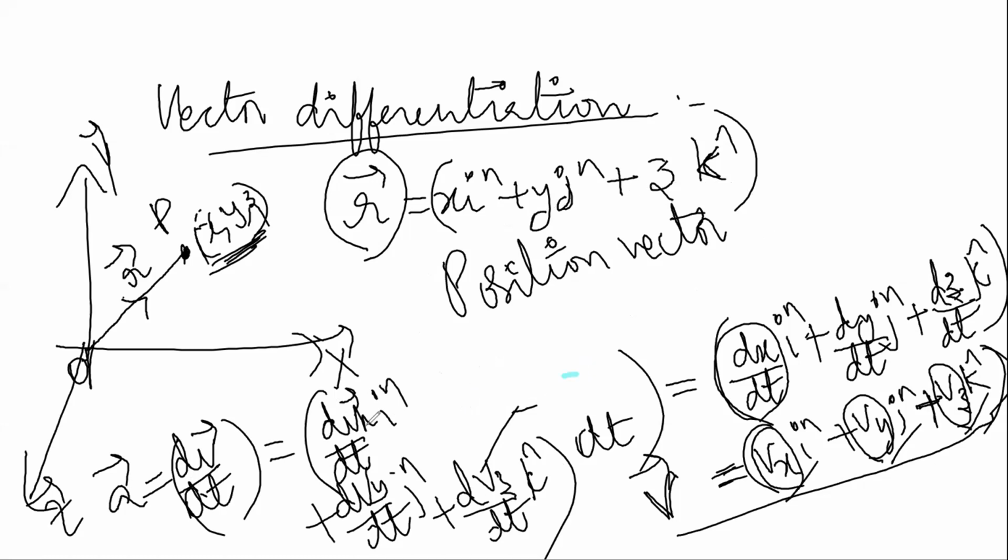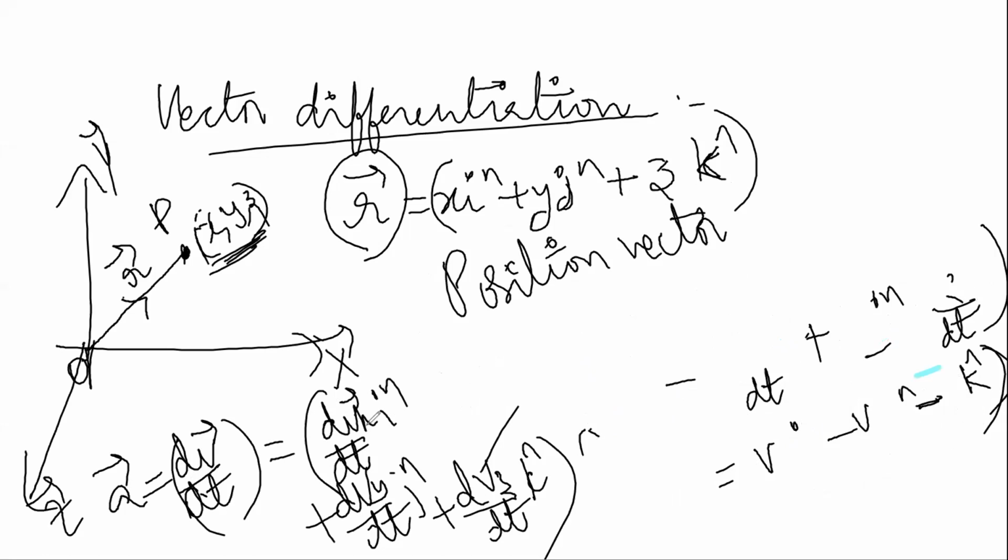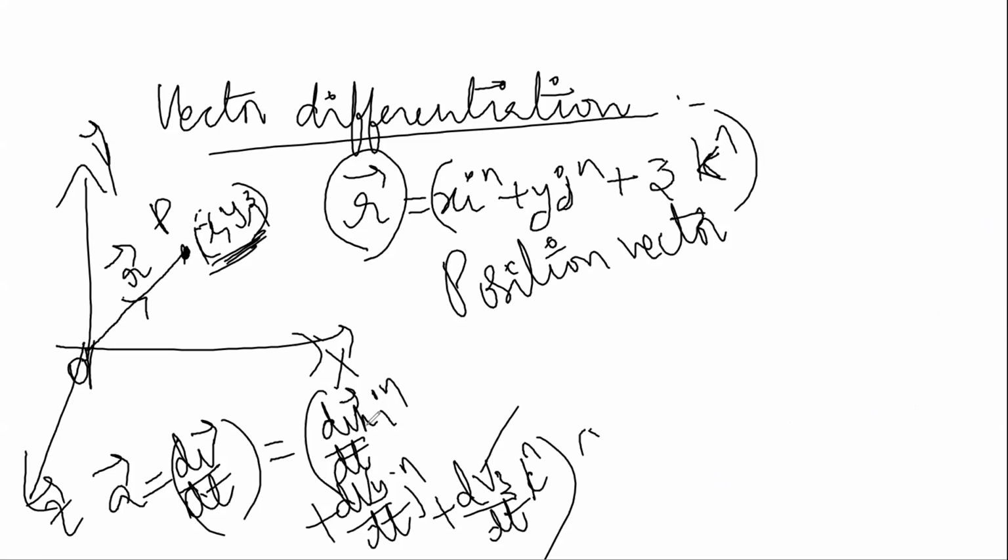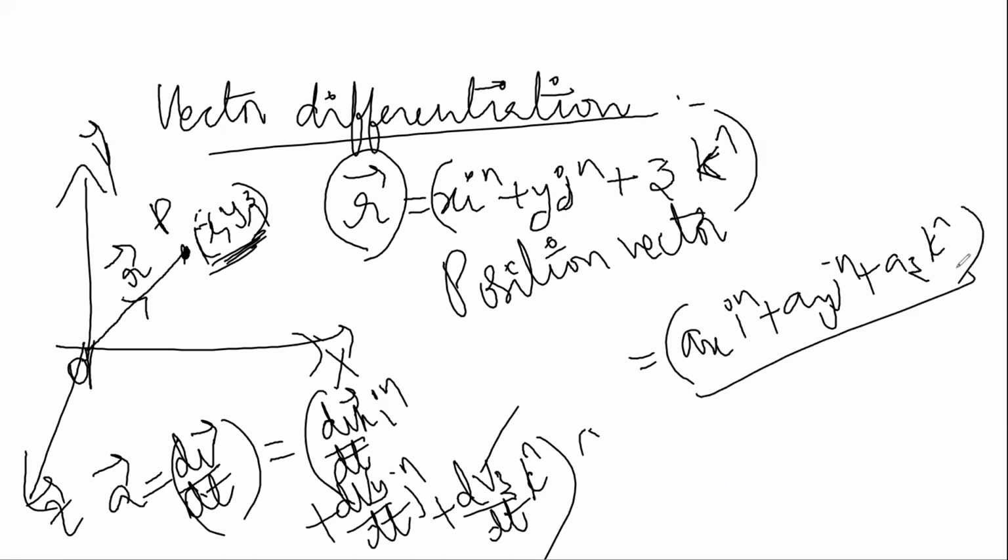What are those called? Acceleration components along x, y and z direction. So I have a = ax i cap + ay j cap + az k cap. These are the components of the acceleration along x, y and z directions.